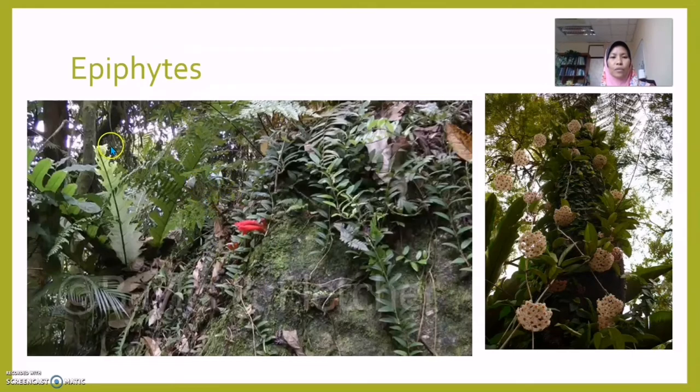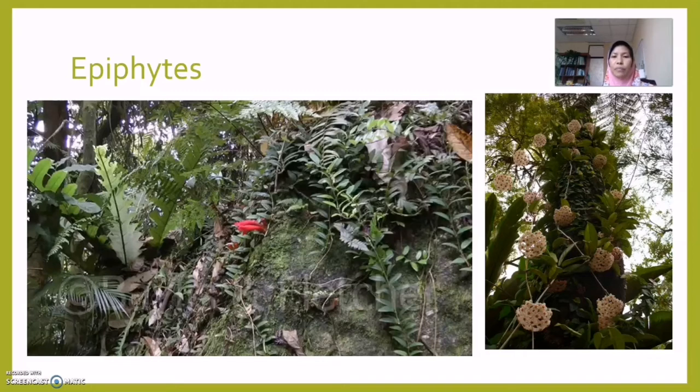Over here on the left is a bird's nest fern, and it is snuggling in between large branches of a tree, so it is an epiphyte. Another popular plant is the lipstick plant. The scientific name is Aeschynanthus. This is also an epiphyte, so you can find it climbing, or rather it actually originates on top of the tree between the large branches, and then it creeps downwards.